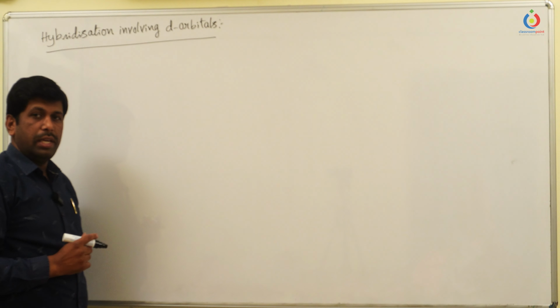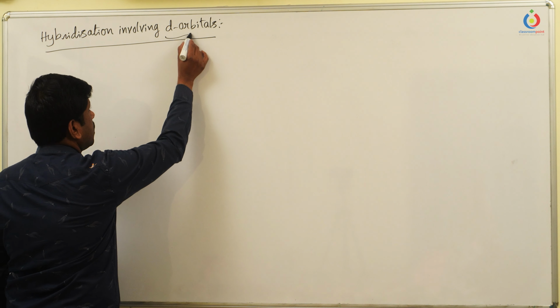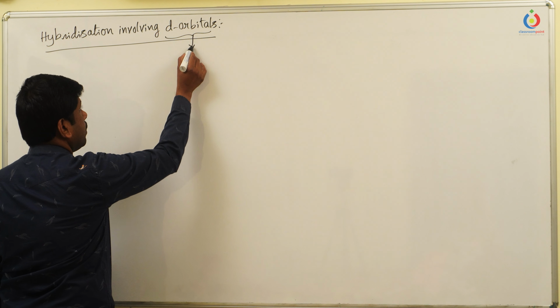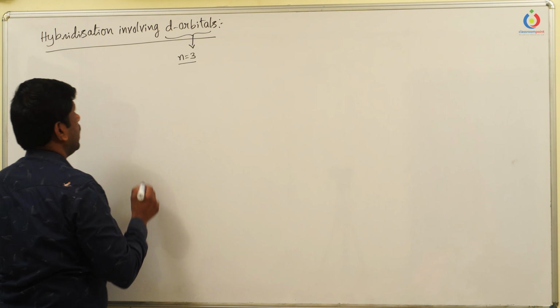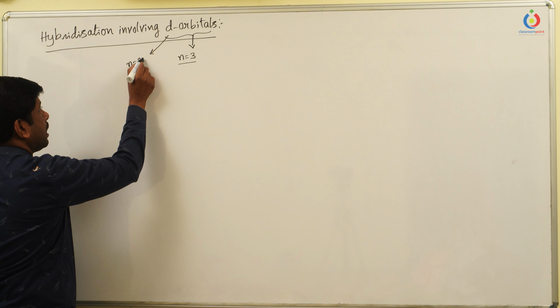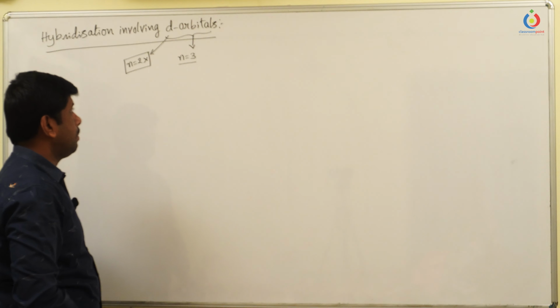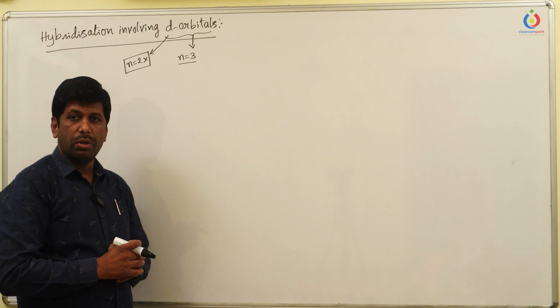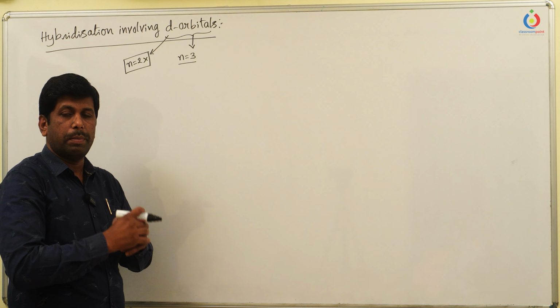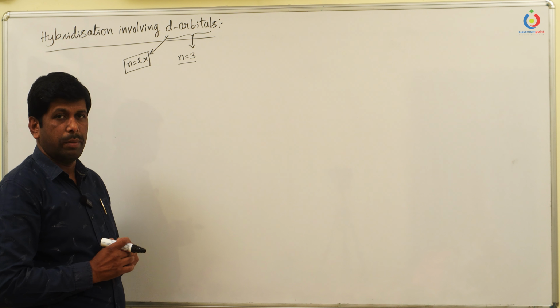So in this hybridization involving d orbitals, we know that d orbitals begin from the third period. Hence, second period elements do not participate in the hybridization involving the d orbitals. Only the elements from the third period onwards start participating in the hybridization involving the d orbitals.